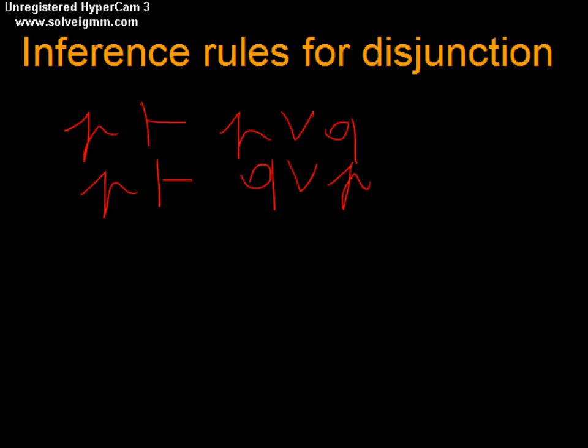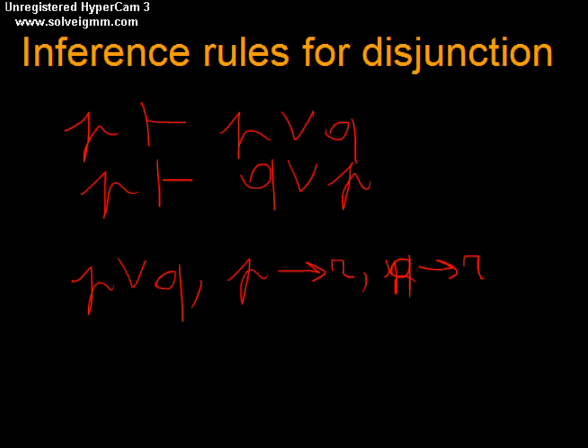Then we can always eliminate disjunction as well, and the elimination says that from P or Q, from P implies R, and from Q implies R, we can always infer that R is true. So indeed, if P or Q is true, and if both P and Q imply R, then R must be true.